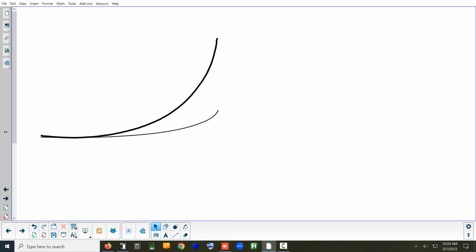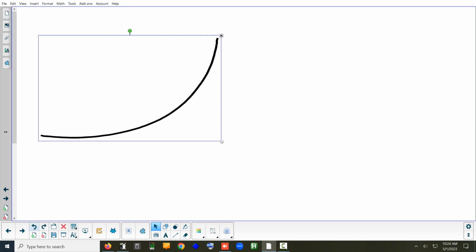How would you explain what I just did to that graph? In terms of maybe some type of stretch or compression. Yeah, you compressed it down to a smaller size. Yeah, I compressed it down, right? I compressed it vertically. It's like I squished it.